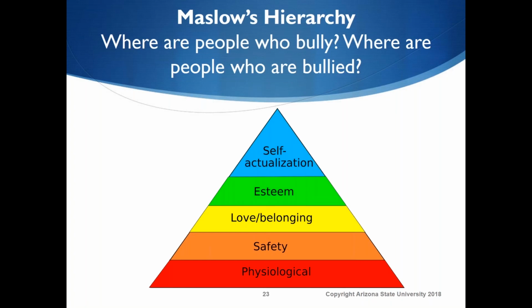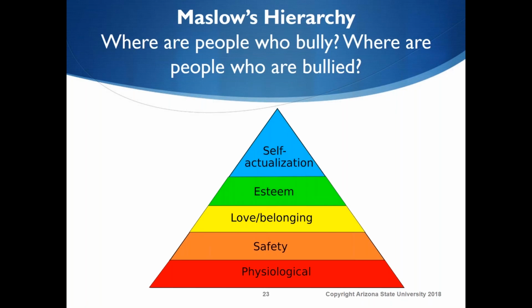So physiological is just air, water, food, and safety is having a roof over our head and a place where we can hang our hat. And the idea is that we need to have food to eat before we can really focus on, I need to be accepted by my peers and work on my self-esteem. I mean, there's levels to this.